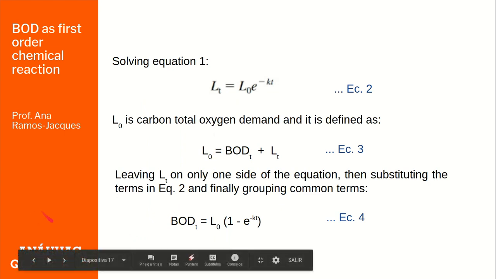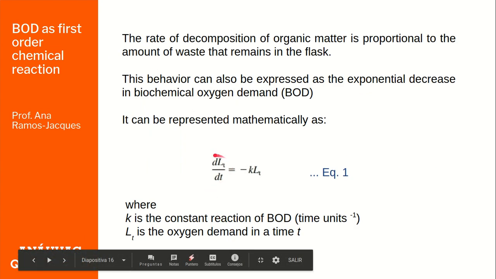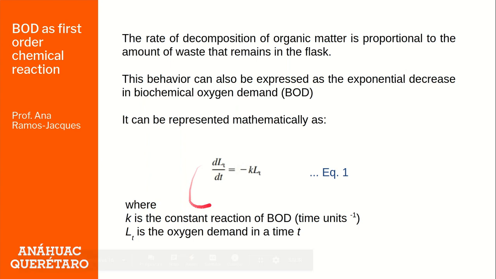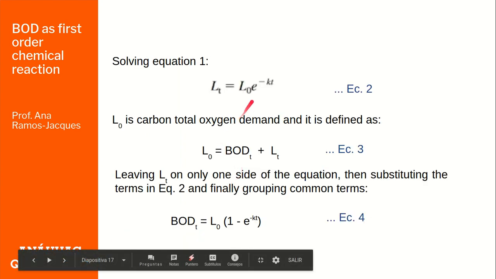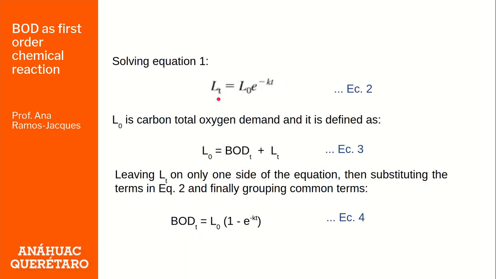Solving this equation, that means using a mathematical process to eliminate the differential, we pass the differential to the other side of the equation, and we have the total oxygen demand here. It is equal to the carbon total oxygen demand and an exponential.